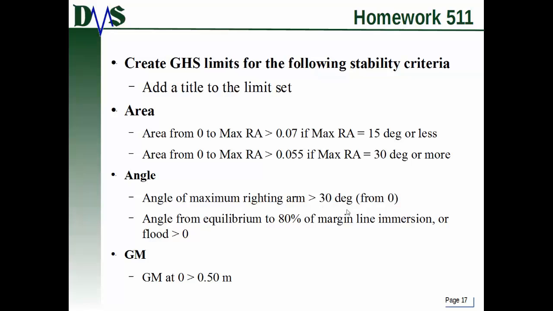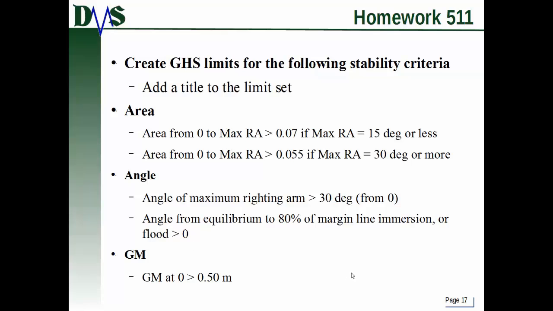Now that's 30 degrees absolute. And then also the angle from the equilibrium to 80% of the margin line immersion location, or your flooding angle, whichever happens first, that has to be greater than 0.